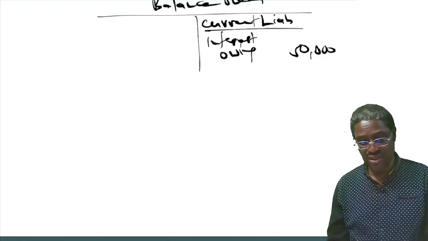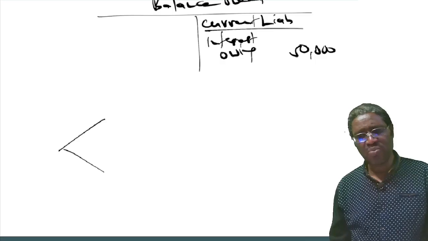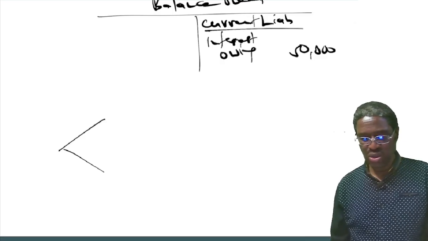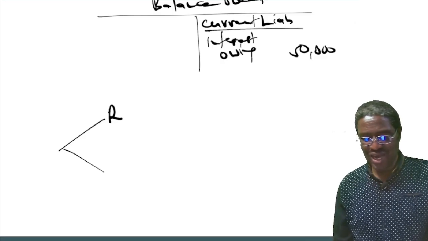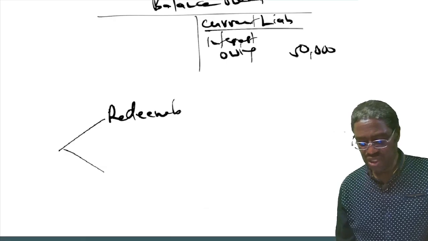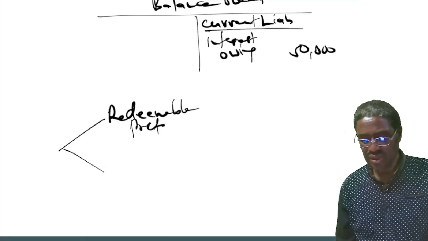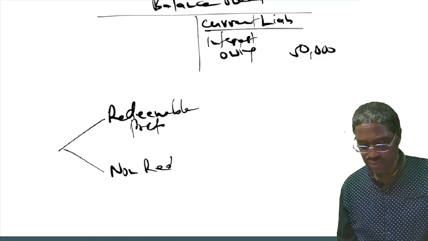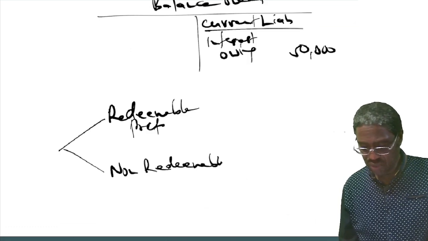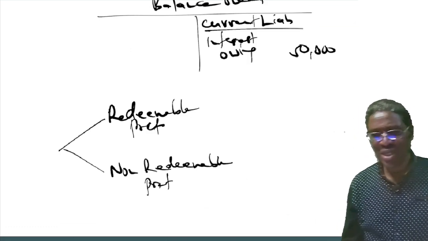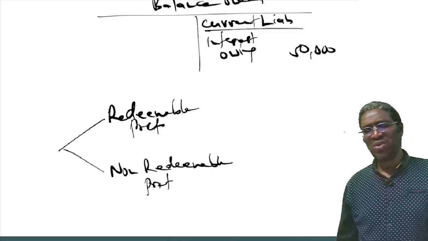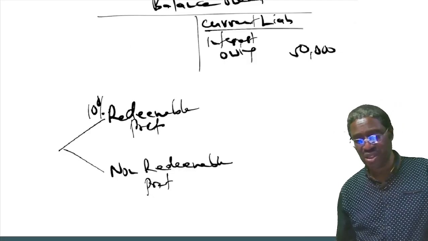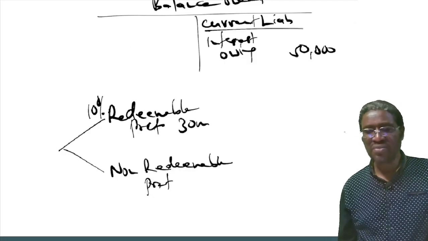When you are issuing preference shares, we have two types: a redeemable preference share, or a non-redeemable preference share. Let us assume company A, when trying to raise finances, issued 10% redeemable preference shares amounting to 30 million.